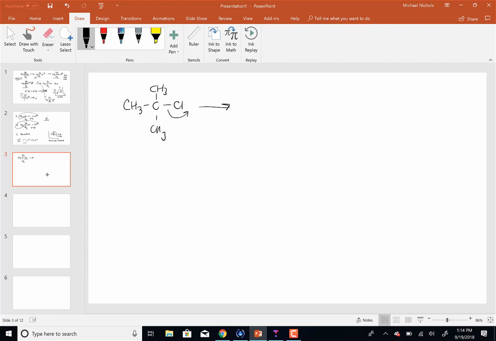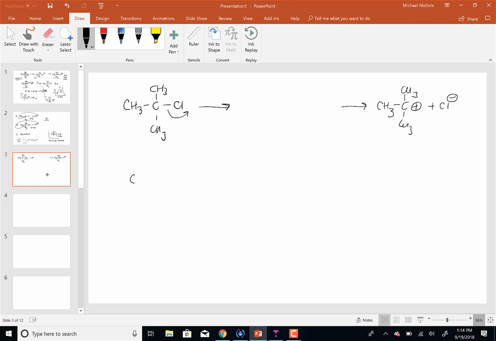And in elementary step one of the mechanism, we broke the carbon-chlorine bond and we formed a carbocation, which is a carbon with a plus charge, and then also formed the chloride ion. Okay. So that was elementary step one.